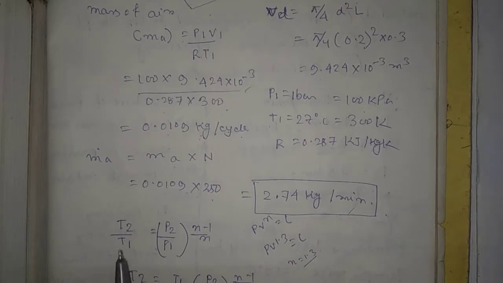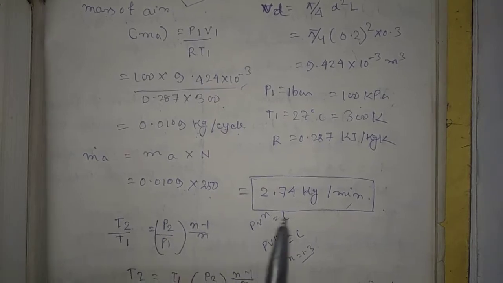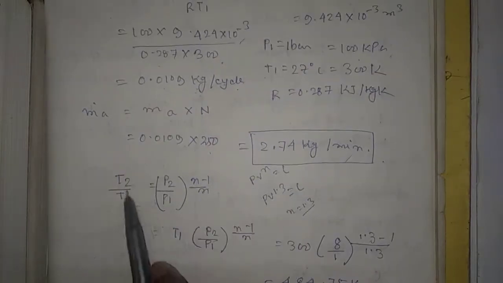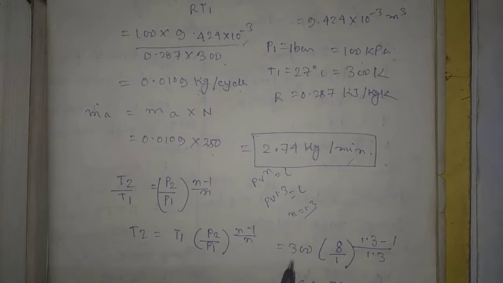Okay, now for the polytropic process, the pressure-temperature relationship is T2 by T1 is equal to P2 by P1 to the power n minus 1 divided by n. From that equation you can calculate the value of T2 because you know the values of T1, P1 and P2. So write down these values here.